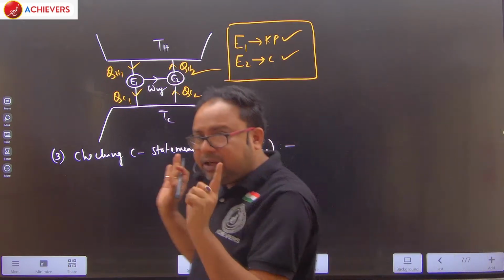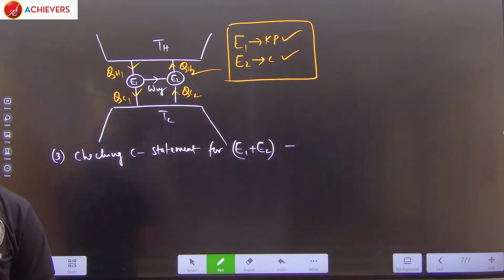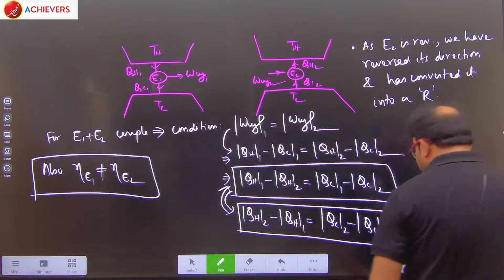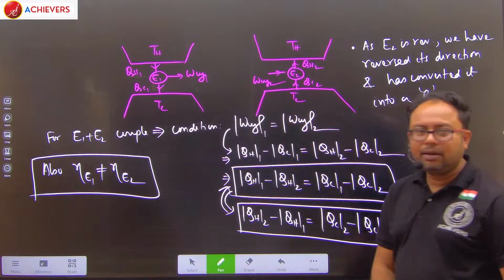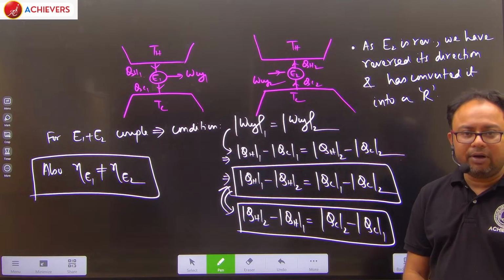But before going into this checking process, let us ponder into this particular condition. Eta E1 is not equal to eta E2.